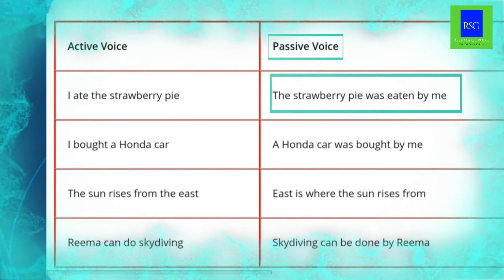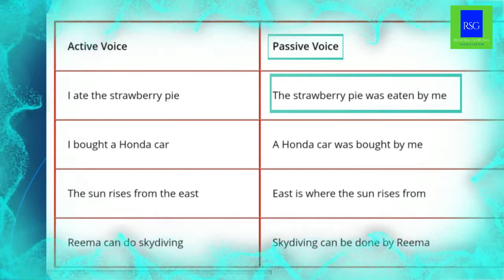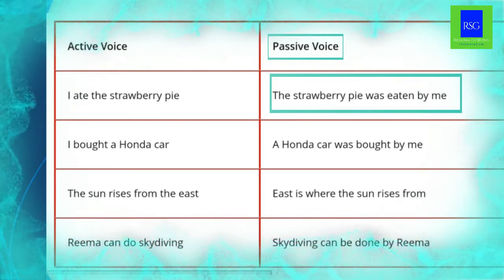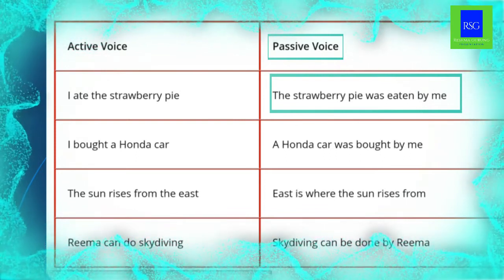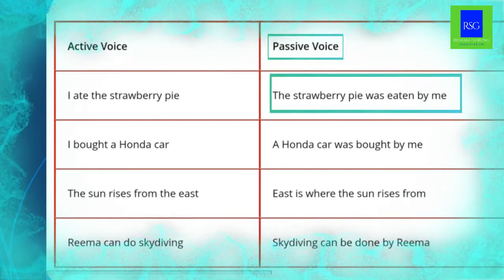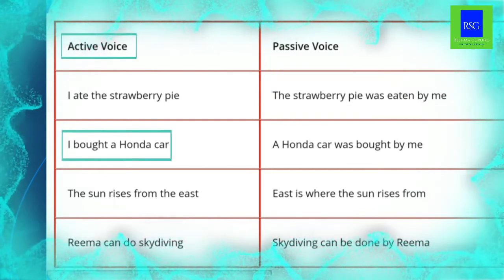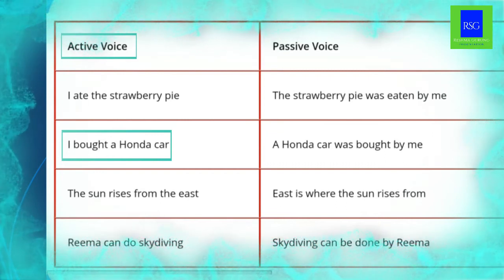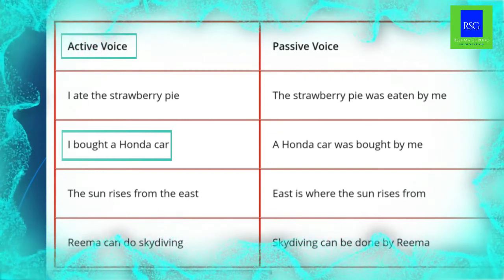So what did we see in the passive voice? That the subject became the object and the object became the subject. Now similarly, sentence number 2: I bought a Honda car. Here I is the subject, bought is the verb, and a Honda car is the object.